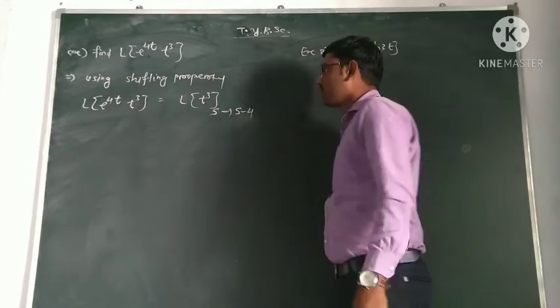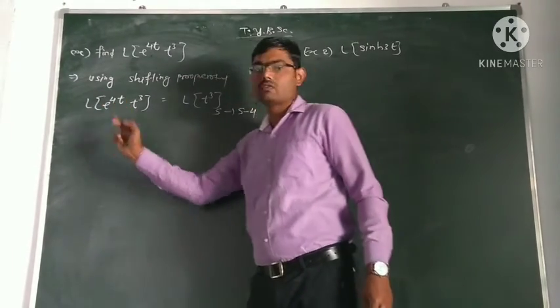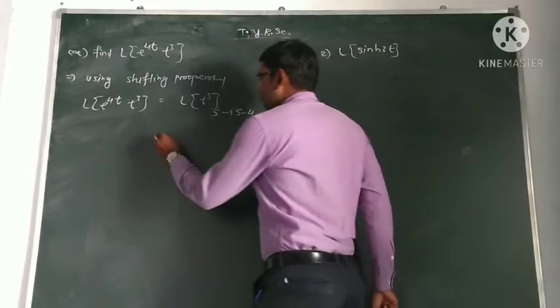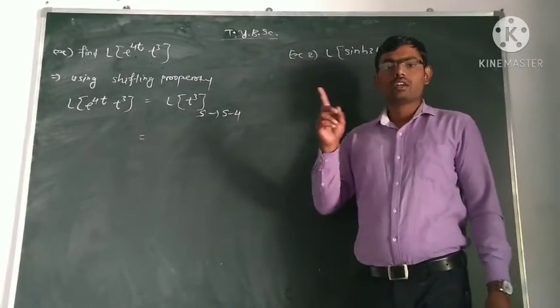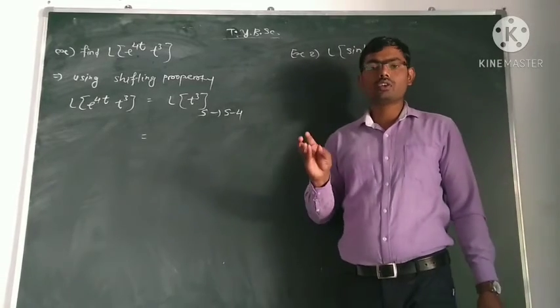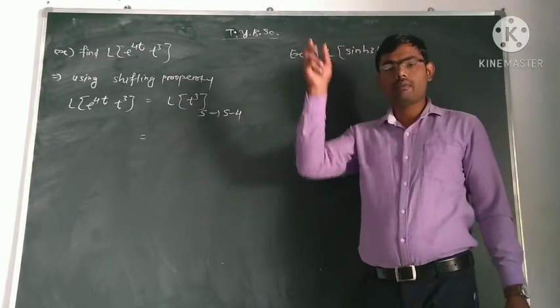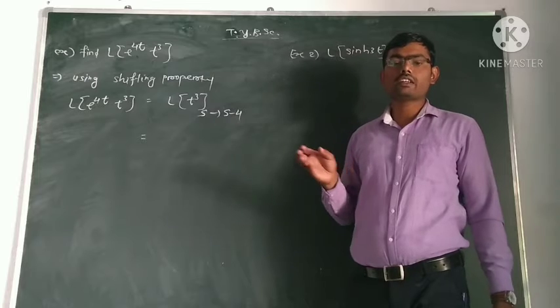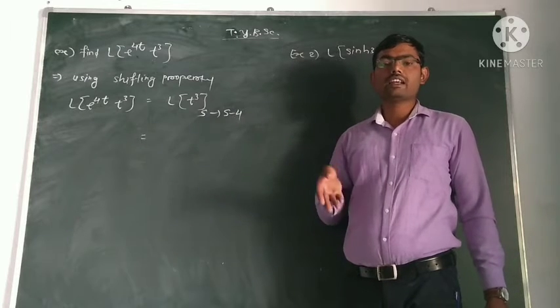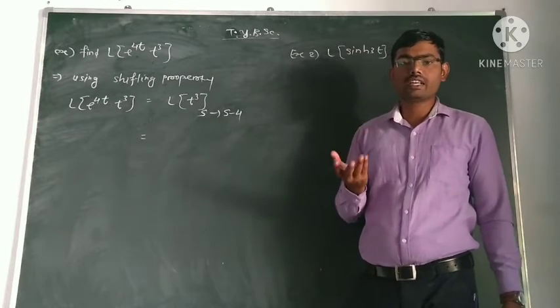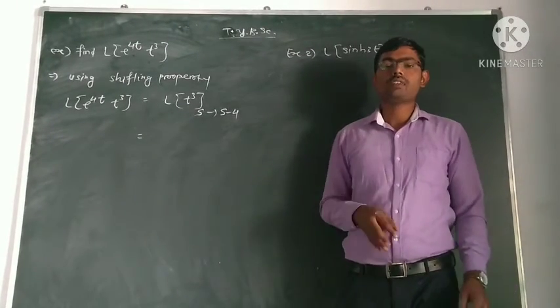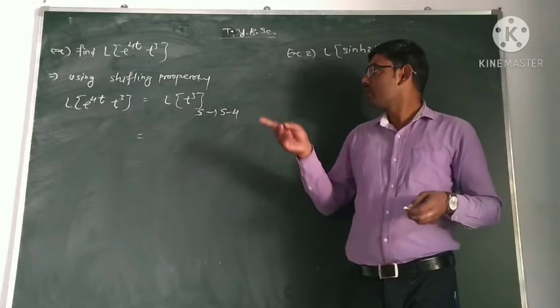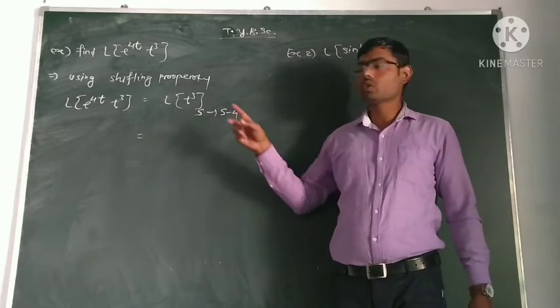Here a is 4. We know the Laplace transform of the elementary function t raised to power n. Keep in mind one thing, you must know the Laplace transform of elementary functions.